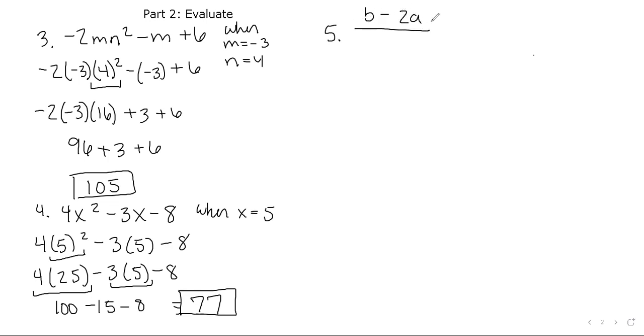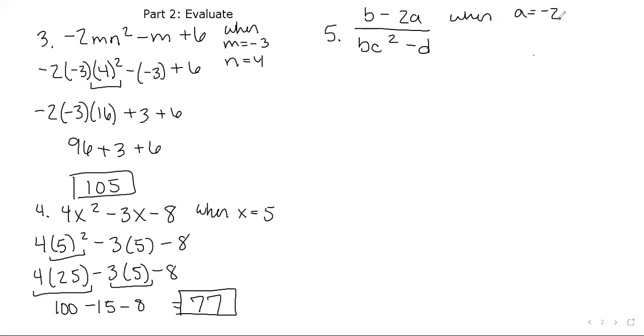We got b minus 2a over bc squared minus d. Now, if you can do 1 through 4, you can do this one too. Don't let the fraction intimidate you, okay? So let's get our values.